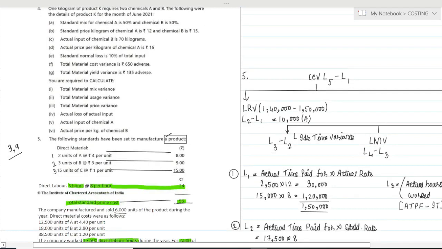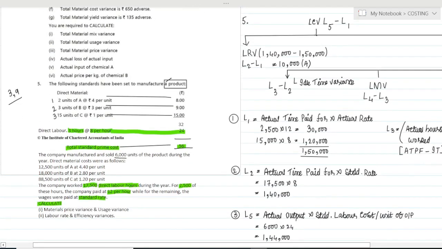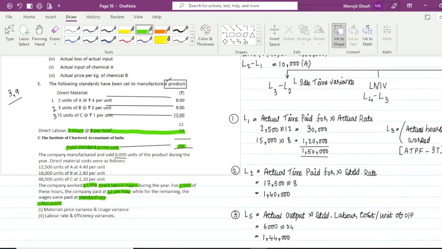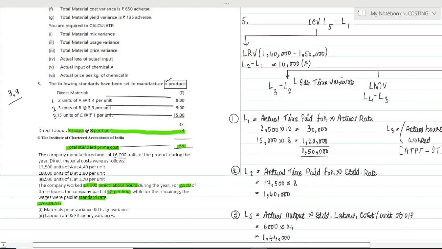So question number 5 deals with labor rate and efficiency variance. Okay, in this question there are requirements of both variances, material variance as well as labor variance.